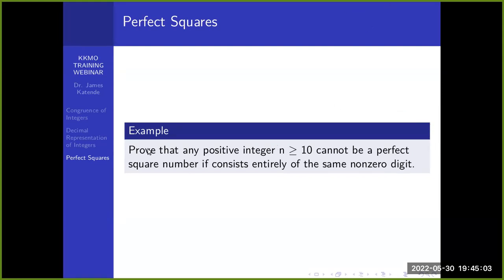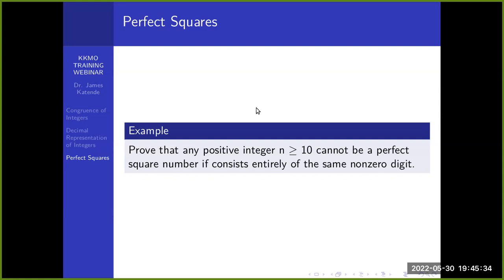So the problem we are going to apply this to is this one. It says prove that any positive integer greater than or equal to 10 cannot be a perfect square if it consists entirely of the same non-zero digit. So the claim here is that if you have a number which is bigger than 10, such as 11, it must consist entirely of the same digit, as many as you wish, but entirely the same non-zero digit.